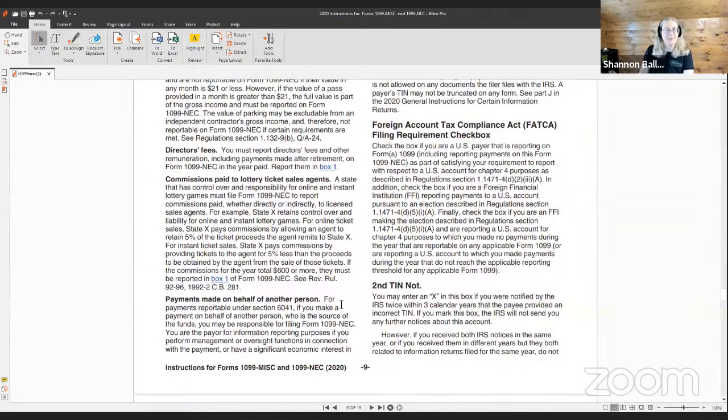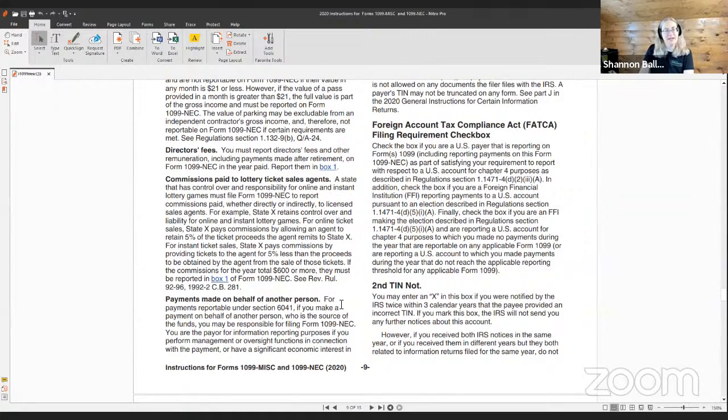For example, State X retains control over and liability for online and instant lottery games. For online ticket sales, State X pays commission by allowing an agent to retain 5% of the ticket proceeds.